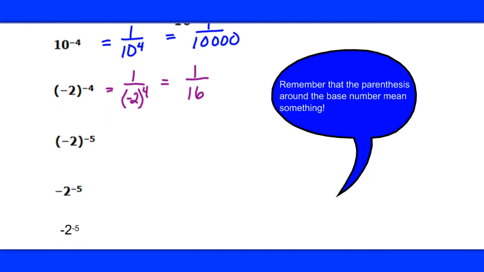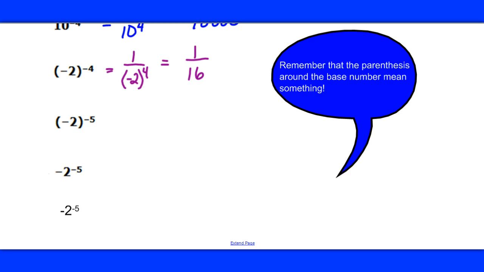Okay? Let's keep going here. If I have (-2) to the -5th power, that's going to be 1 over (-2) to the 5th. You'll notice that the negative's gone on these exponents because it did its job. It made the reciprocal. And this is going to give me 1 over -32.